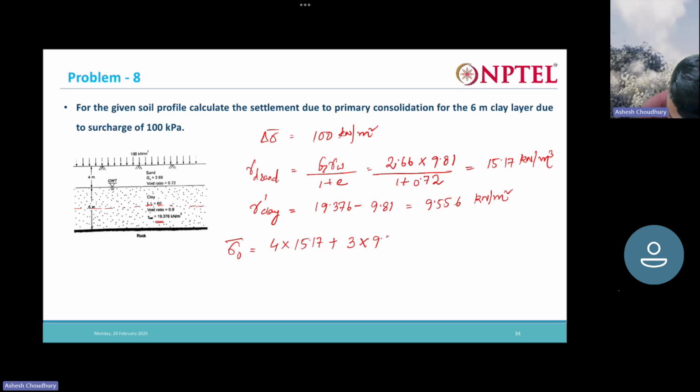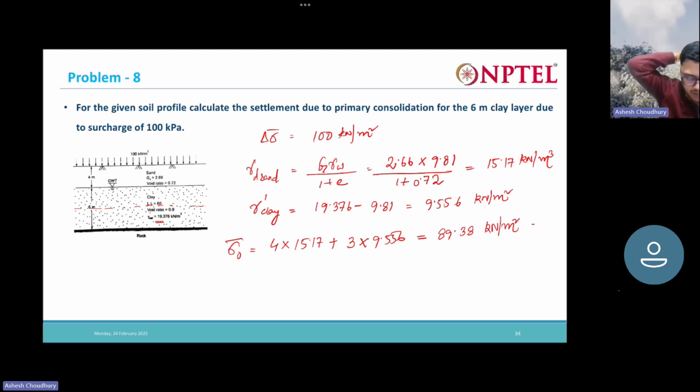That will directly give me the effective stress. I don't need to find the total stress separately and deduct it. Directly we can do it like this. Now we have all the stuff that we need.